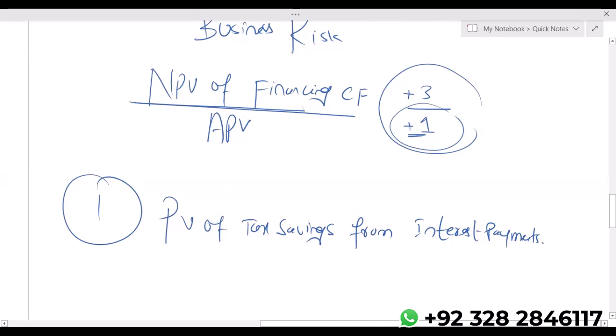Obviously, when a company makes interest payments, we know that interest payments result in tax savings. So, present value of tax saving from interest payments.